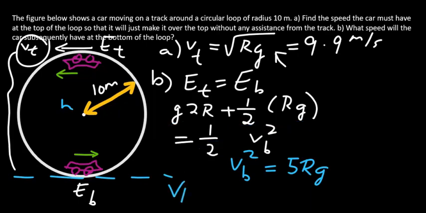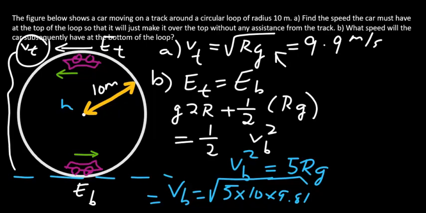And we can determine the speed at the bottom. It is the square root of 5 rg. R is 10, g is 9.81, which will give you an answer of about 22.1 meters per second.